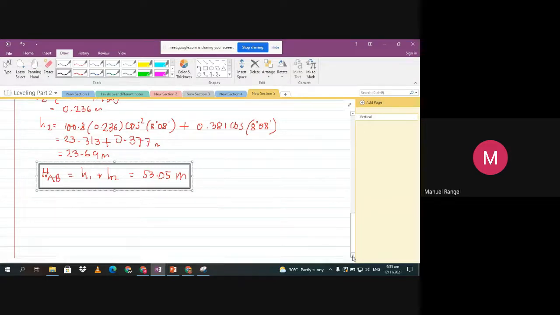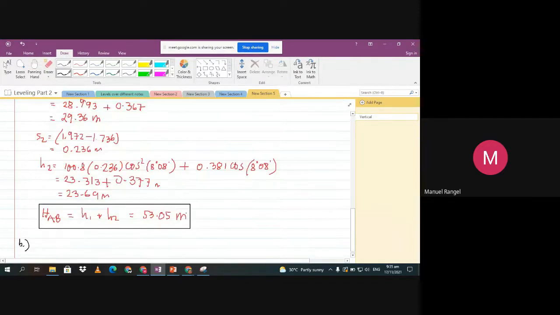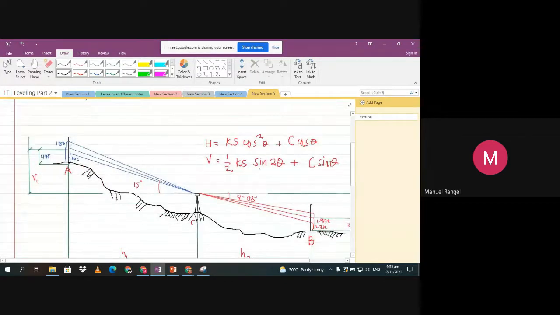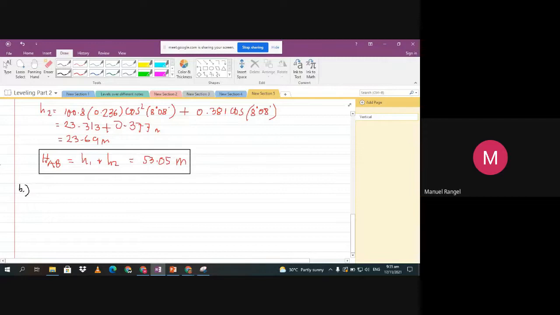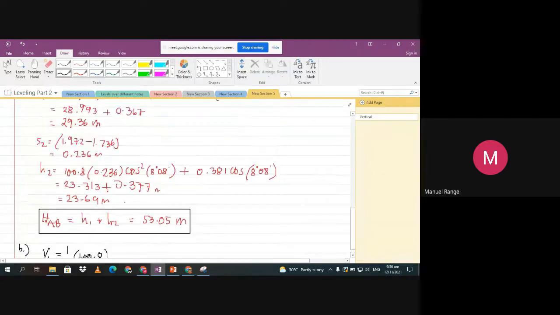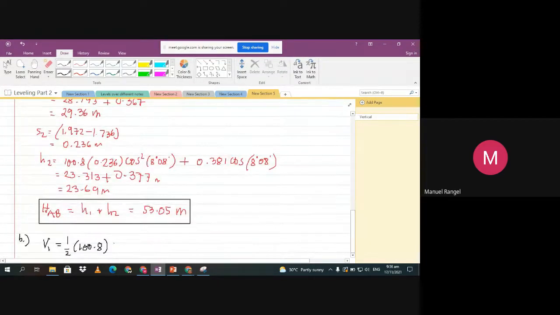Okay, for letter B, difference in elevation between points A and B. So we have the formula 1/2 Ks sine of 2 theta plus C sine theta. So vertical distance on V1 is equal to 1/2 K is 100.8. S1 is 0.31.